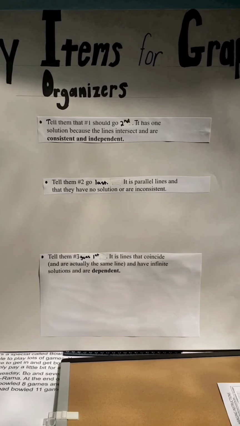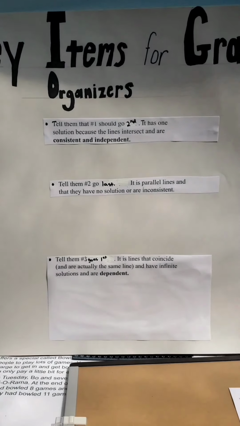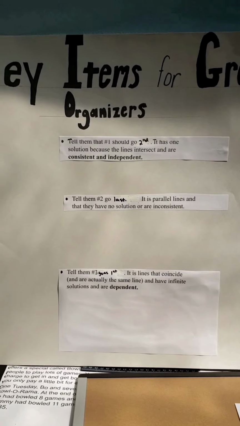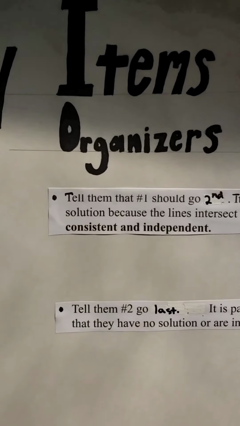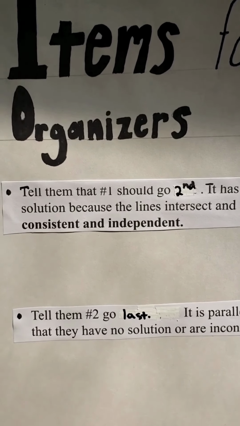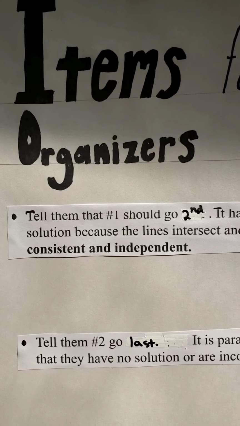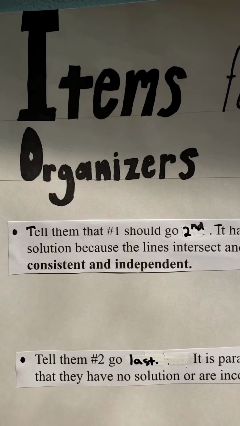Did you come up with a solution? Well, here it is, and get out your graphic organizers. Now that you've discussed your solutions with your partner, here are some key items for your graphic organizer. Plus, it will answer your question as to which graph has more solutions in common. Graph number 1 should go second. It has one solution because the lines intersect and are consistent and independent.